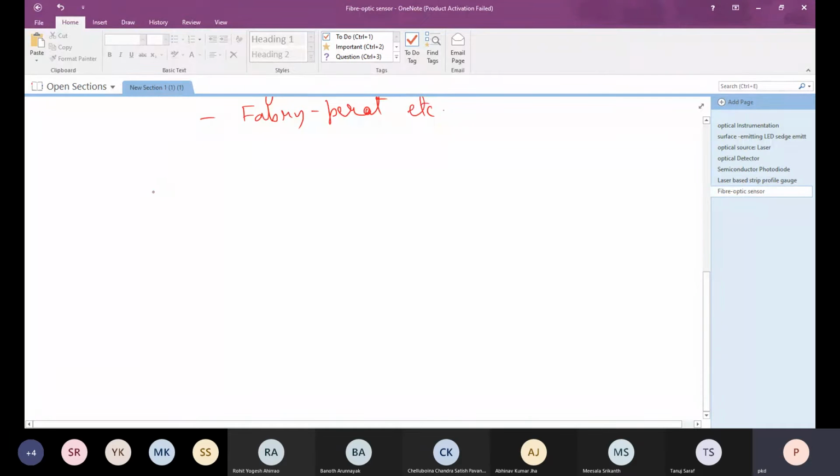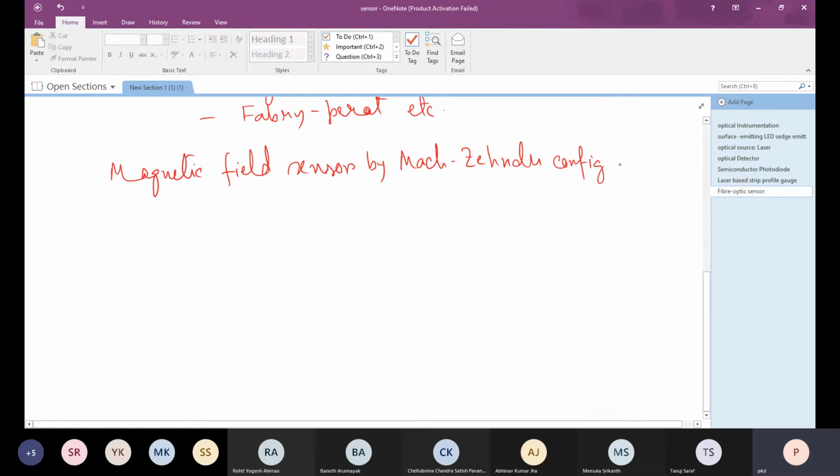Maybe we will take one or two examples. Let us take one example of a Mach-Zehnder for a magnetic field sensor. The basic configuration is like this.